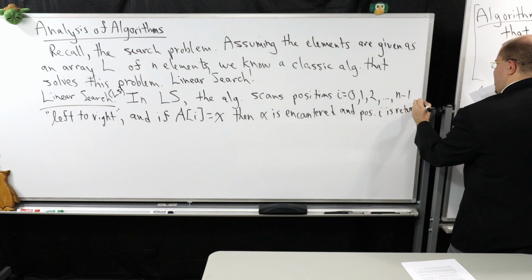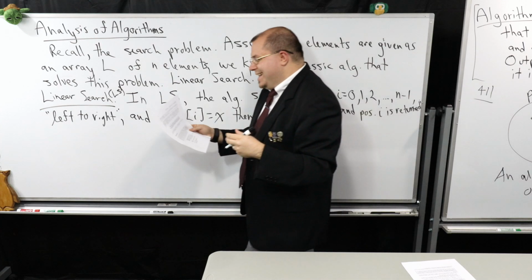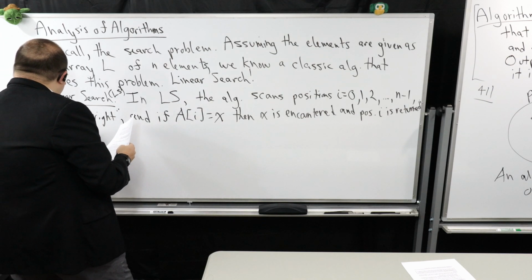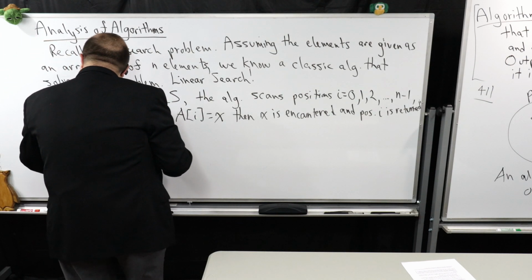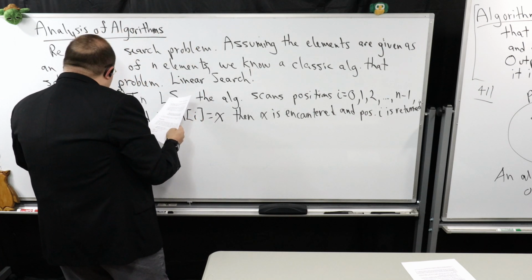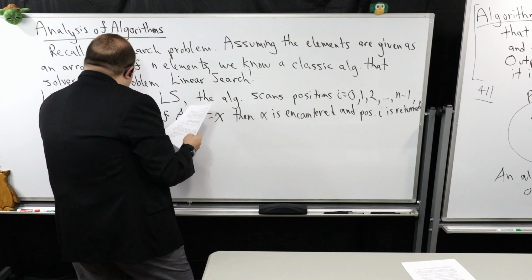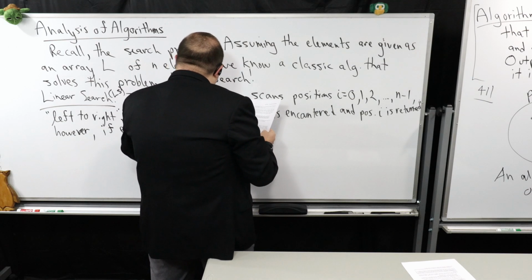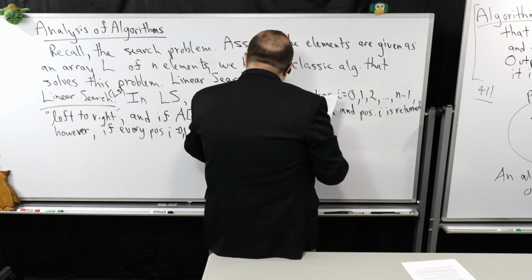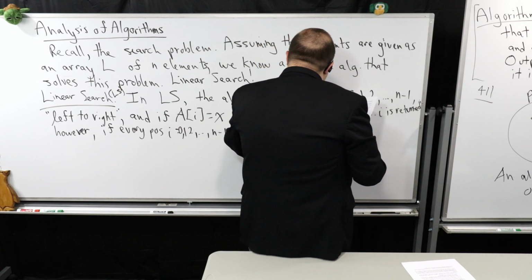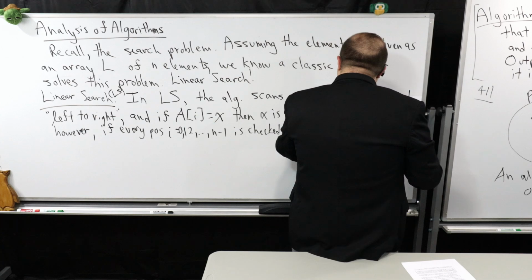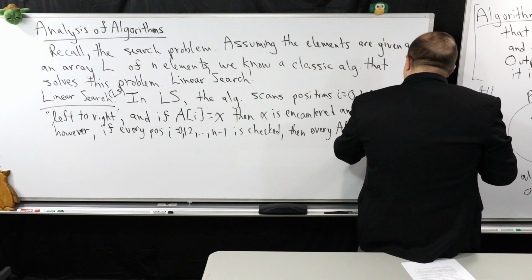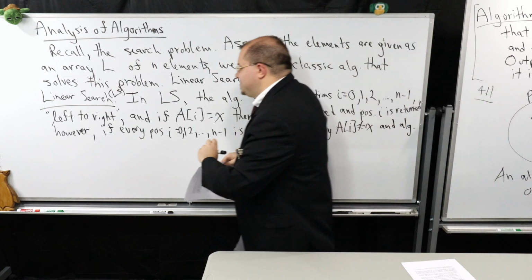However, if every position i equals 0, 1, 2, all the way up to n minus 1 is checked, then every A sub i does not equal x, and the algorithm returns -1.